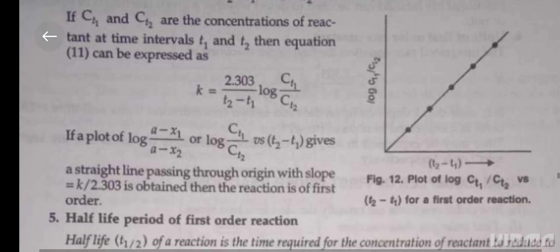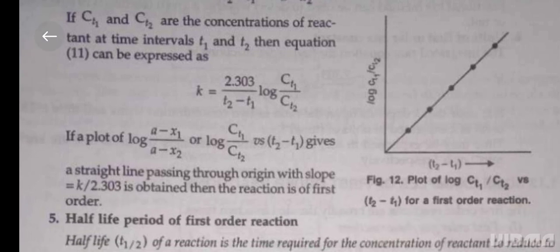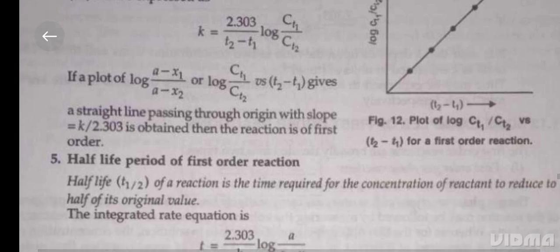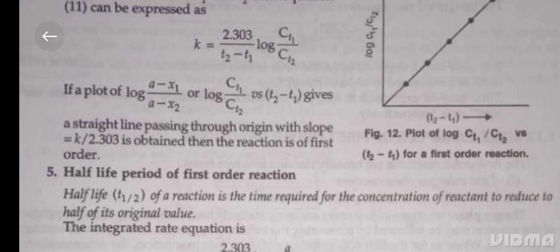If Ct1 and Ct2 are the concentrations of reactant at time intervals t1 and t2, then the equation can be expressed as K is equal to 2.303 upon t2 minus t1 log of Ct1 upon Ct2. If a plot of log a minus x1 upon a minus x2, or log of Ct1 upon Ct2, versus t2 minus t1 gives a straight line passing through the origin with slope k upon 2.303, the reaction is of first order.